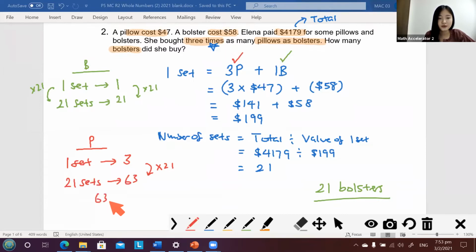This is for pillows. They didn't ask for this, but if they do ask for it, this is how you should do it. It's not always that the number of sets will be the final answer. It can also be another step further. You might need to multiply further to get your final answer.